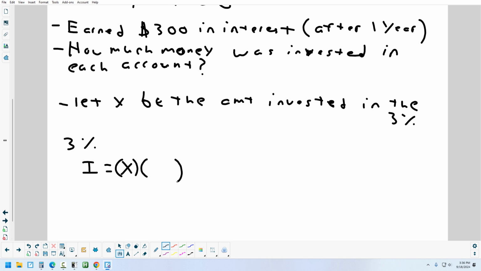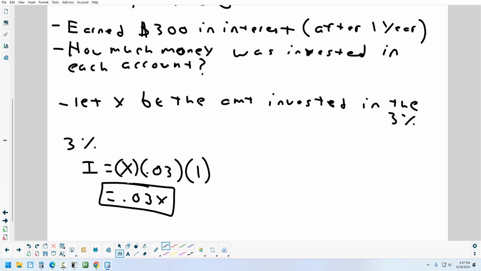What would be the rate in the 3% account? 0.03. And what would be the time in the 3% account? Yeah, just 1 year. So we don't even need times 1. So that's the formula for the interest we earn in the 3% account.